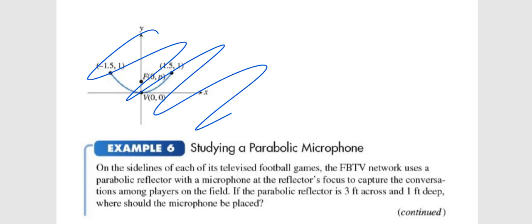On the sidelines of each televised football game, the FBTV network uses a parabolic reflector with a microphone. I don't know if you've seen people standing on the sidelines with those parabolic microphones. That's how they get some of those conversations happening out on the football field, because they're zeroing in and trying to get that sound to generate into that one microphone.